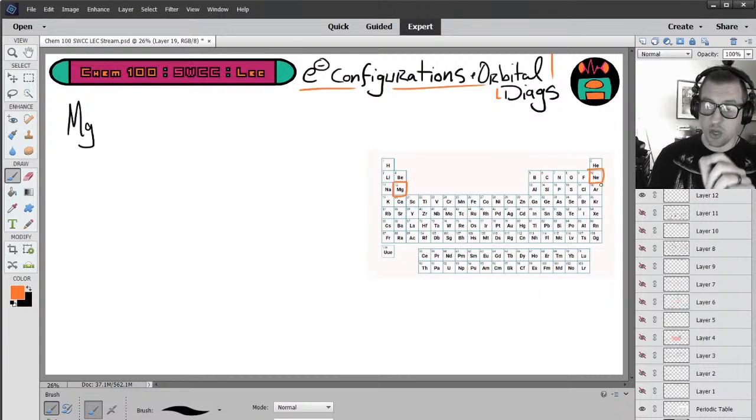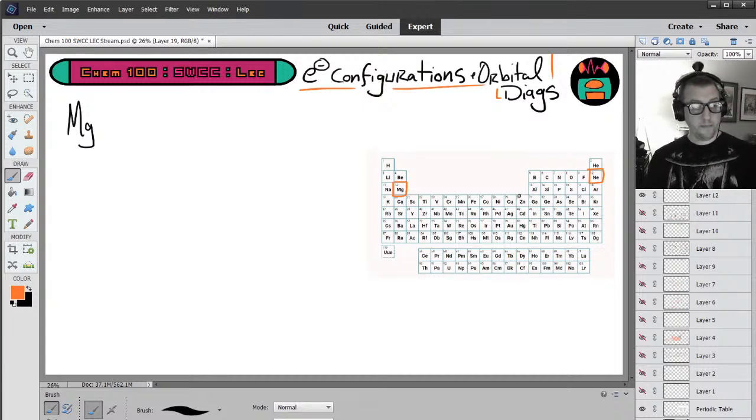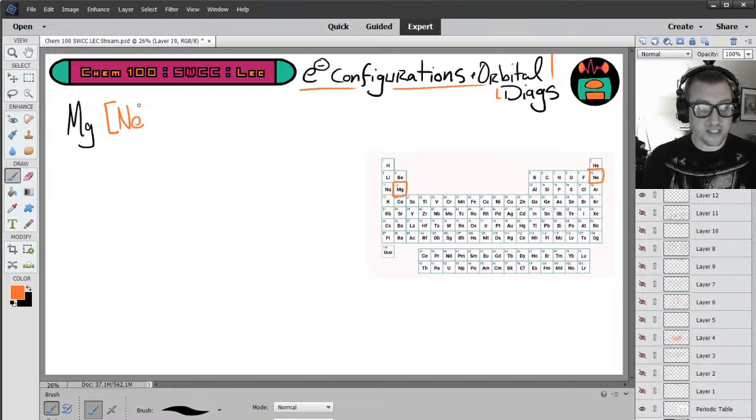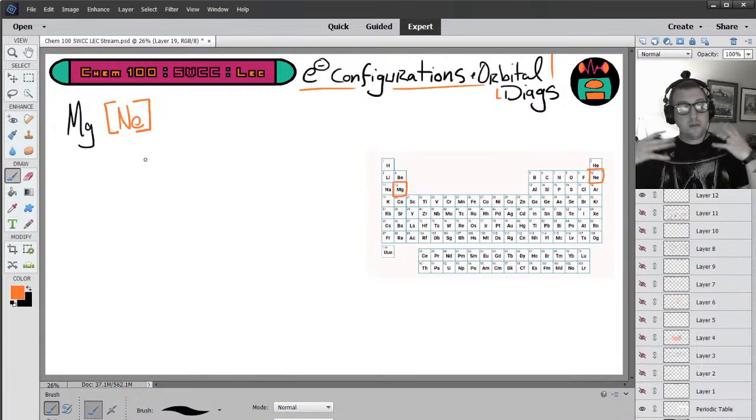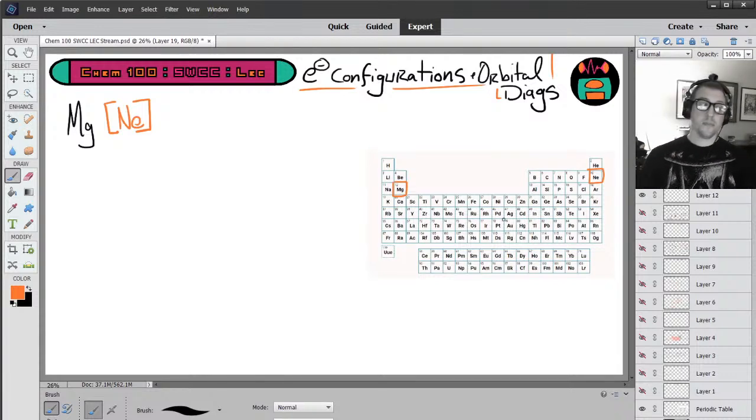Because magnesium has all the electrons of neon plus some, you're going to begin writing its electron configuration by throwing neon in a bracket because it has all the electrons of neon plus a few more, right? That's step number one. Step number two is identify the block that magnesium falls in.